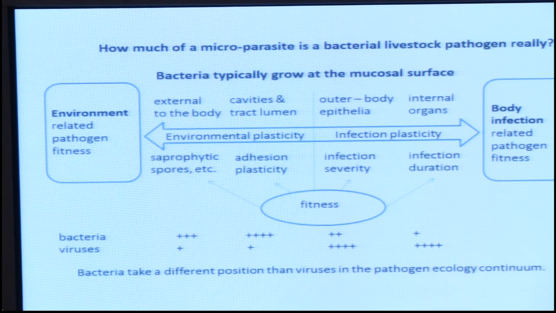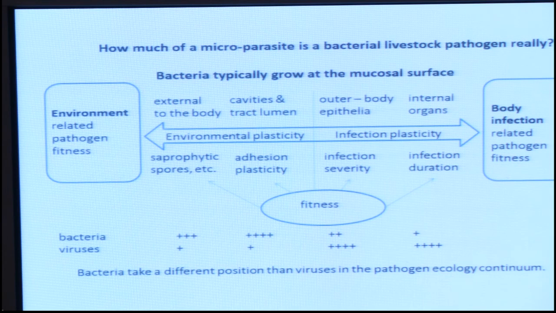And moving on from there, we have the bacteria, which naturally are found at the mucosal surface in the body cavities and tracts. And so bacteria, in fact, are capable of adjusting their adherence pattern, which is quite different from what viruses actually do.